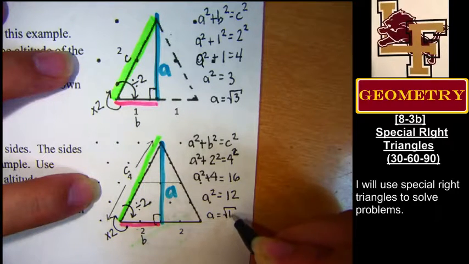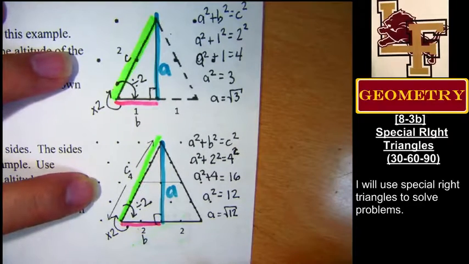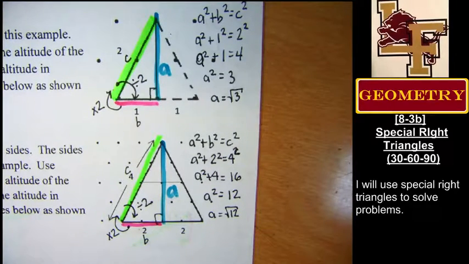I've taken the square root. I have square root of 12. But my pattern looks like it wants a square root of 3. So I should see if I can simplify the square root of 12 and hope a square root of 3 shows up. Because if it does, we found our pattern.